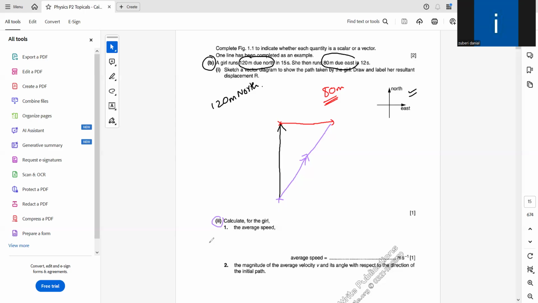So 7.4 meters per second, average speed.